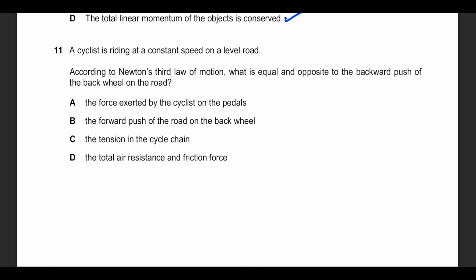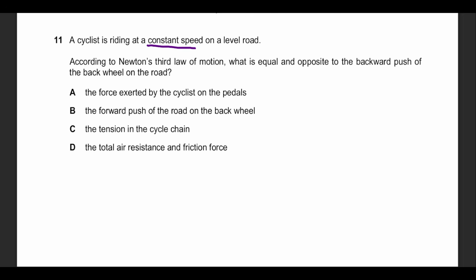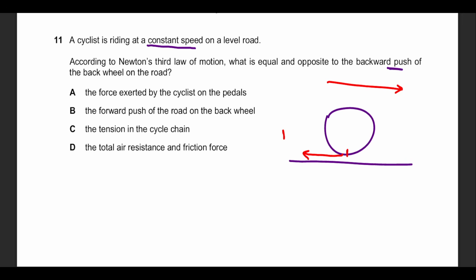The cyclist is riding at constant speed. This is an important keynote. On a level road, according to Newton's third law of motion, what is equal and opposite to the backward push of the wheel on the road? So if this is the road, this is the wheel. For the cyclist to go in this direction, they need to pedal in such a way that the tire exerts a force backwards. So this is by the tire, but it is on the road.